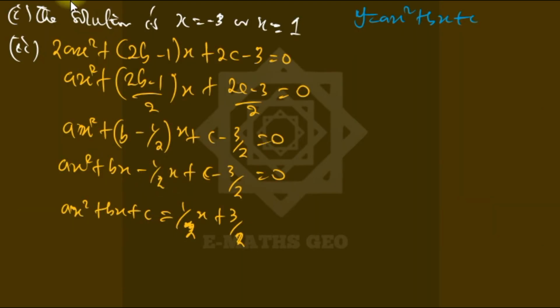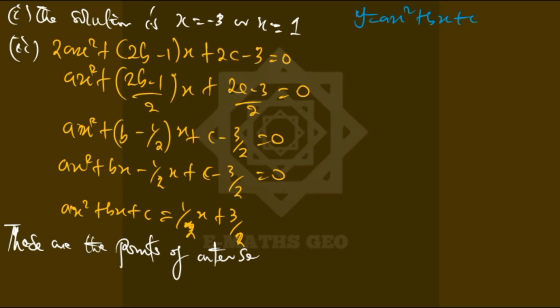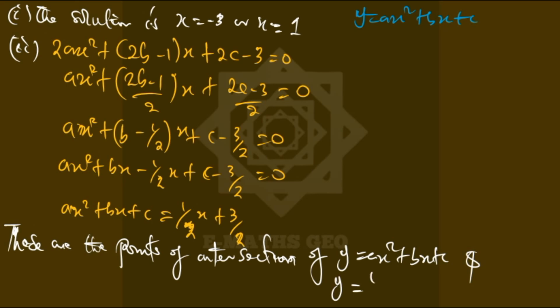So now, that same thing, these are the points of intersection of y, the original curve, and another curve which is y equals 1 over 2x plus 3 over 2.